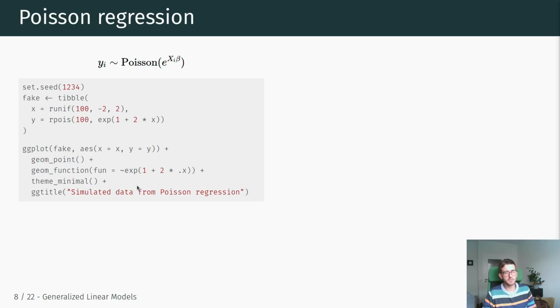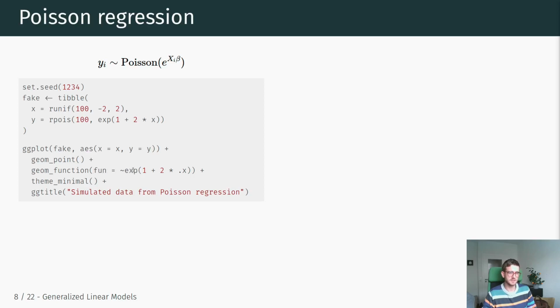The first thing we can do is directly plot the data based on this data generating process using ggplot. Of course, we plot both the actual simulated data points as well as the true function that the data generating process is based upon.